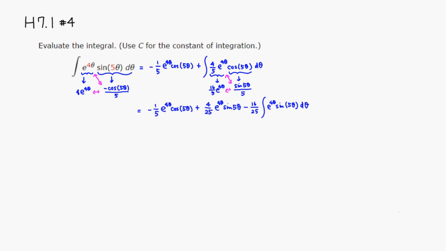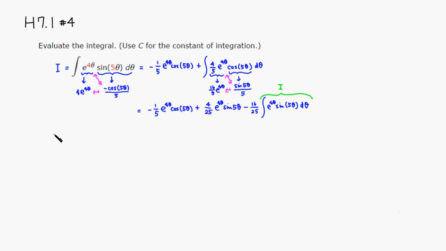You notice that this first integral is what I'm going to call I. And you notice that there is actually I showing up again. So this is exactly the same integral as the integral we're trying to find. So we can actually solve for I.